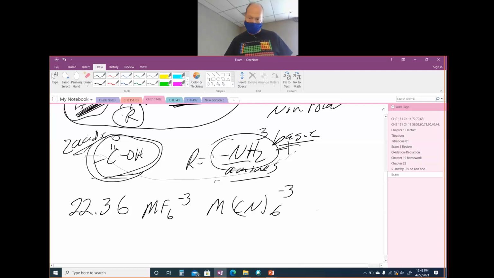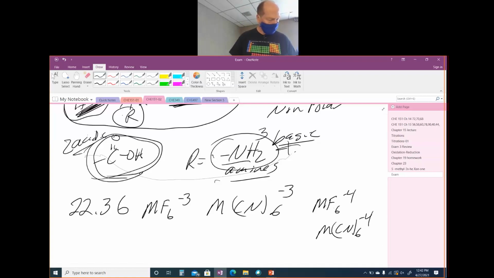We have a metal F6 minus 4, and we have a metal CN6 minus 4. All right, so these complexes, which would have the d electron distribution shown as in the diagram below.